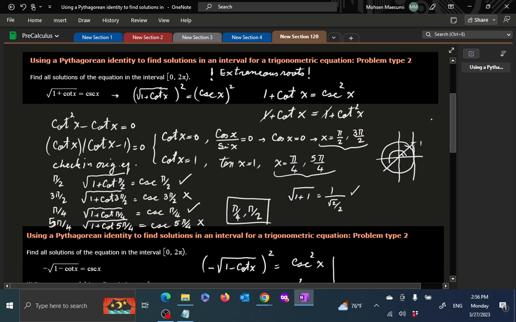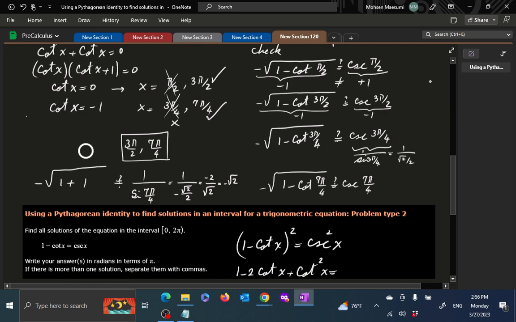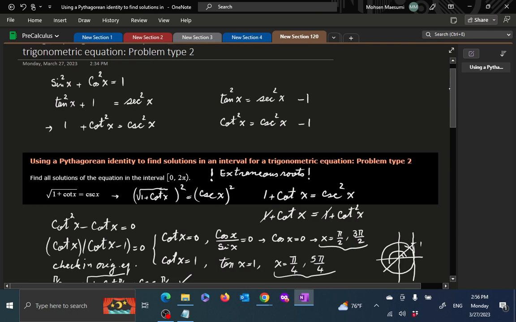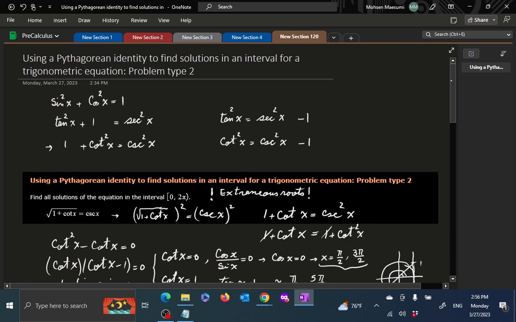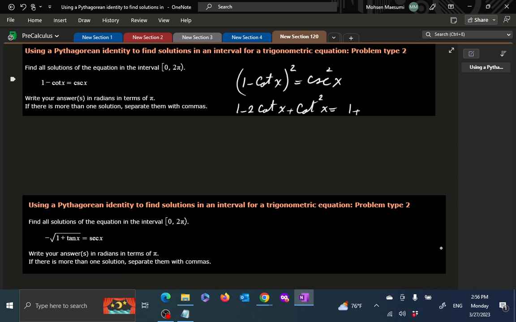Cosecant square is 1 plus cotangent square. Now ones cancel, cotangent square cancel, and we are left with twice cotangent of x equal to 0, which means cotangent of x equal to 0.